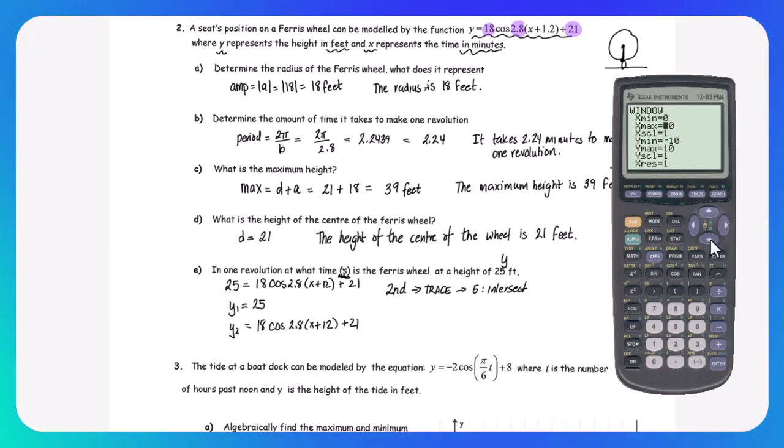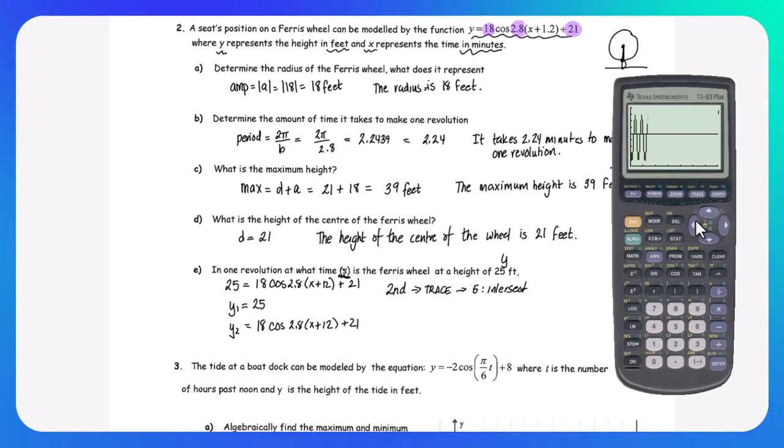If you want to put it to maybe 7, make it a little shorter, you can do that. You can keep the scale at 1. Now, the minimum Y value is the height of the ground, which is 0. And like I said, the maximum is 39. If you wanted to put it a little higher, you can put it up to 45. Maybe change the scale, going up by 5s in that case. Let's hit the graph button.